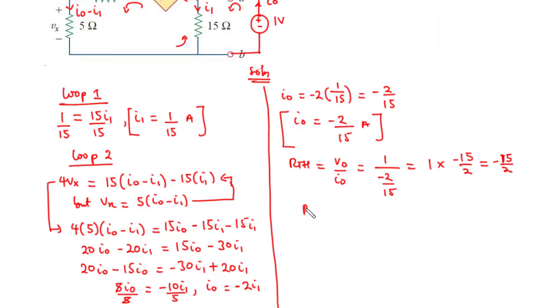Now negative 15 over 2 is equal to negative 7.5. Now whenever you get RTH to be negative, what this primarily means is that the circuit is rather supplying power. Therefore, you have RTH to be 7.5 ohms.